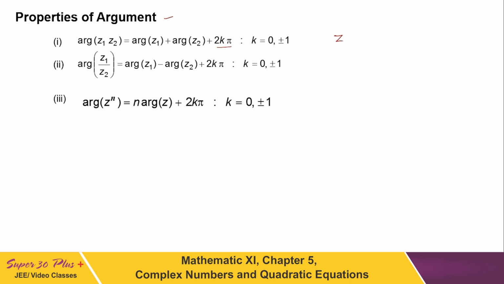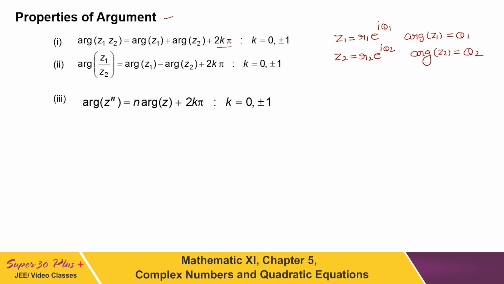Let z1 is equal to r1 e to power iota theta 1. Now what is the argument of z1? It is theta 1. And let z2 is equal to r2 e to power iota theta 2. And you can write argument of z2 is equal to theta 2.